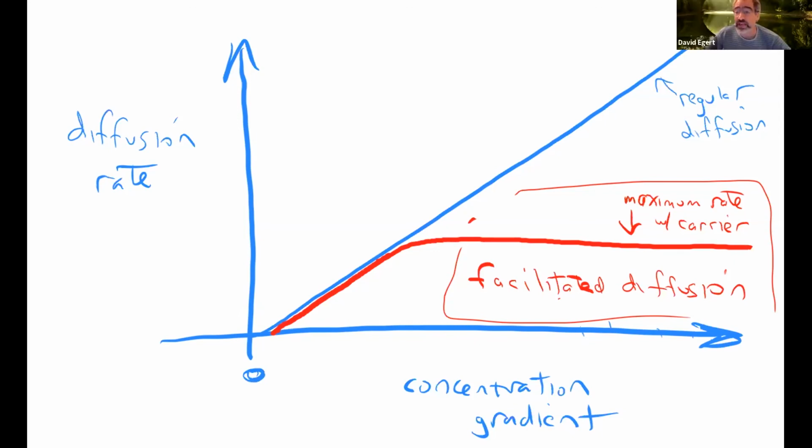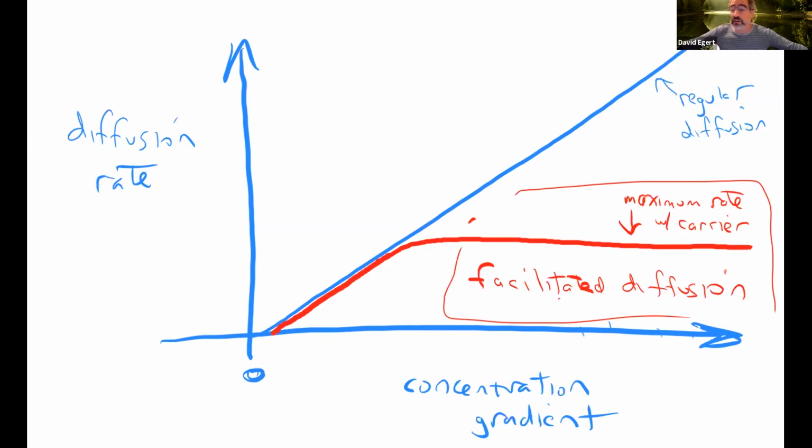And this is going to actually be important to keep track of. When we start talking, much later in the semester, about the kidneys, we're going to say, how come you have sugar in your urine if you have diabetes? It's going to be all about having a rate limit with facilitated diffusion.